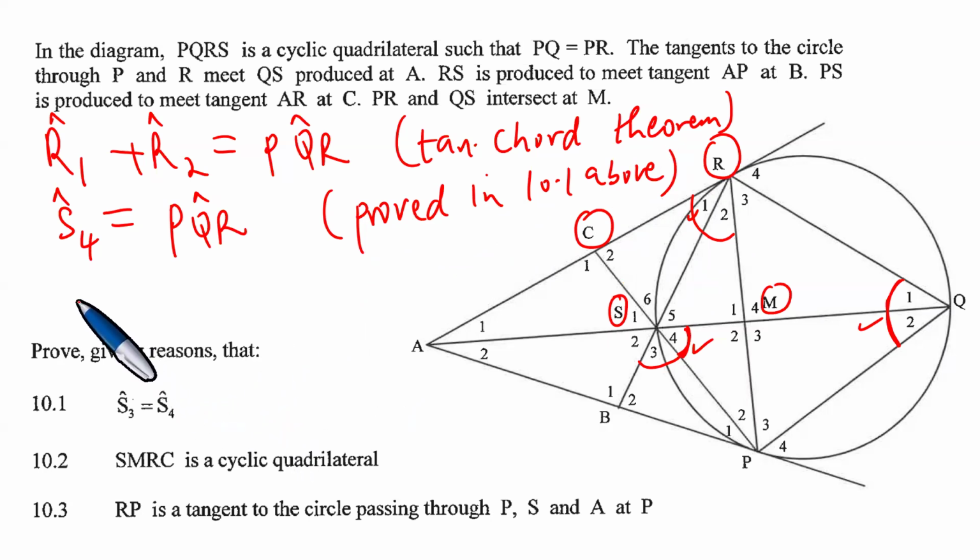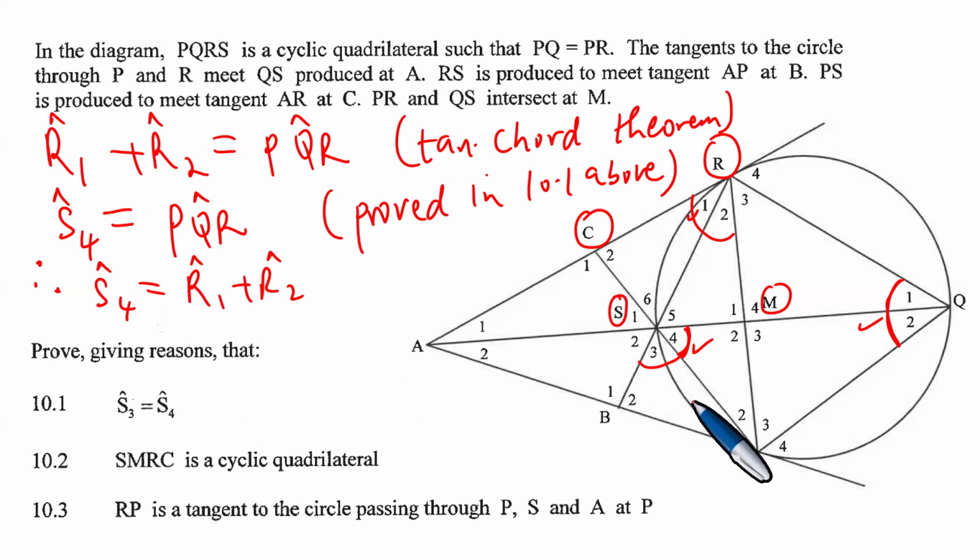Okay, what is then the conclusion here? The conclusion here is therefore that the angle S4 is equal to angle R1 and angle R2. Right, because they're both equal to PQR, you can say that S4 is equal to R1 plus R2.